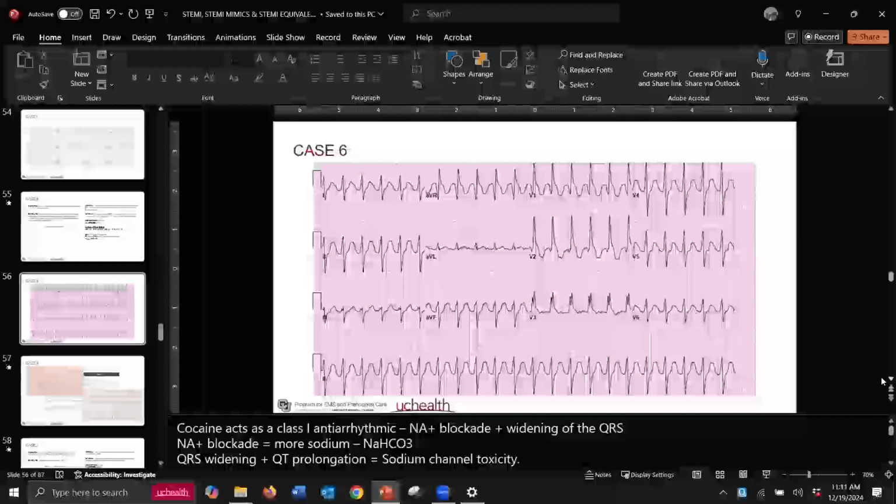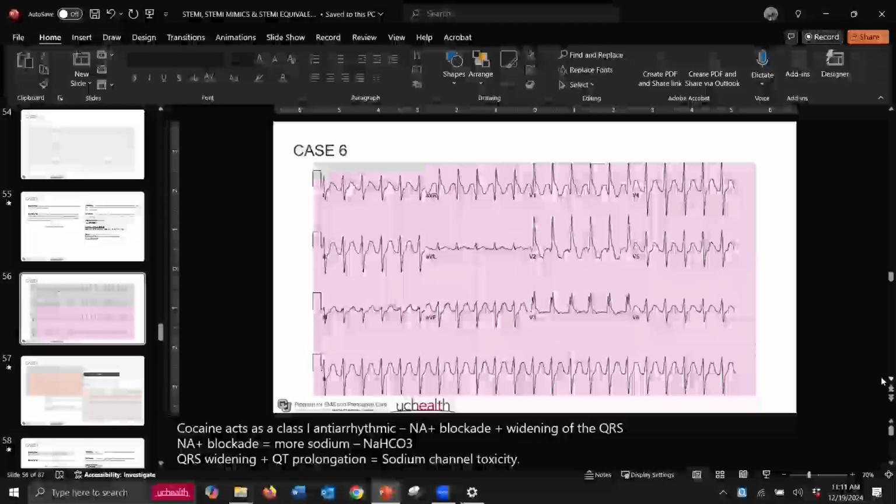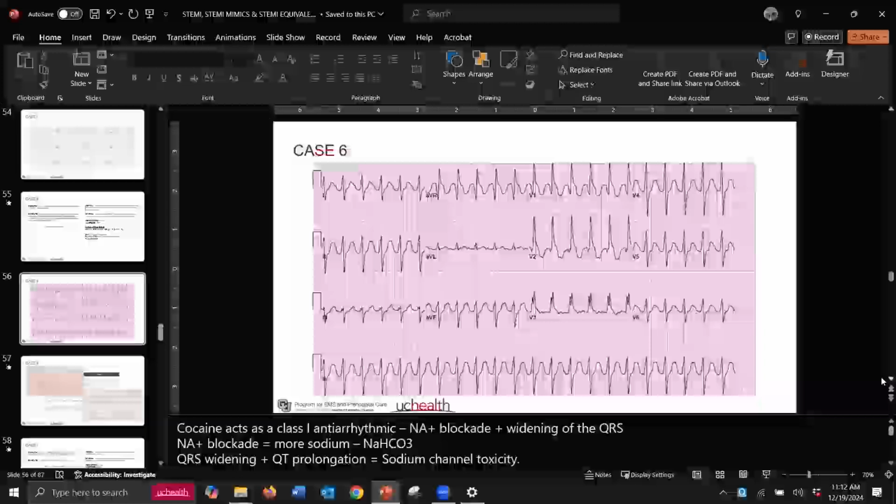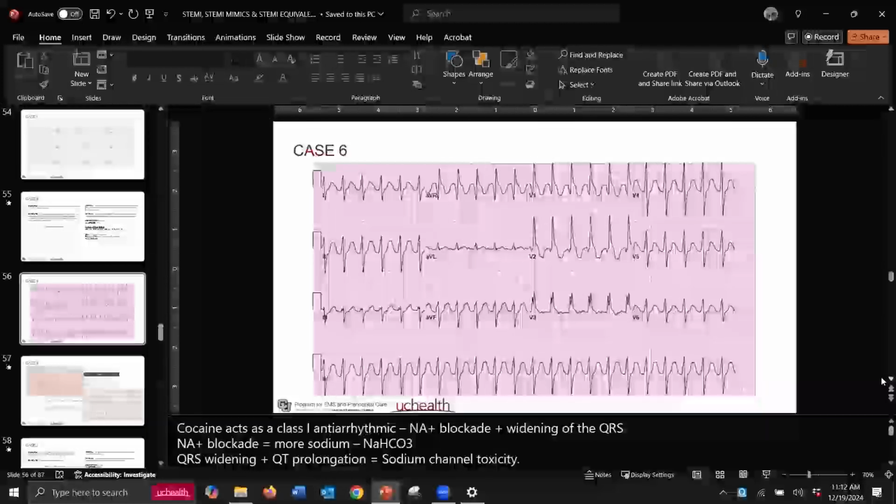So what do we need to give her? Adenosine is probably not indicated in this. What do we need to do with cocaine? Give it fluids.